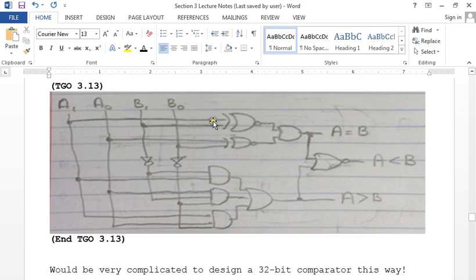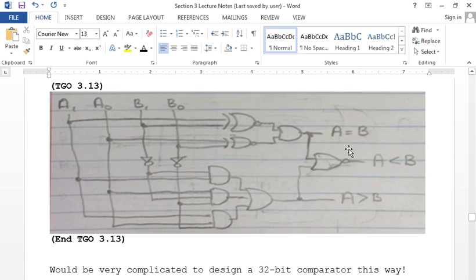In this case, we've done a reduced version where we calculate A equals B and A greater than B. Instead of having an additional circuit that calculates A less than B, we just use a NOR gate.